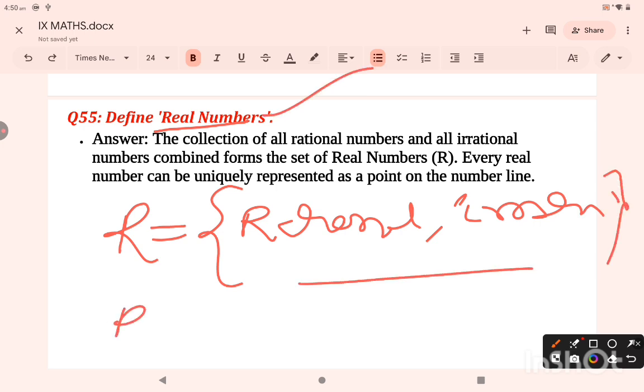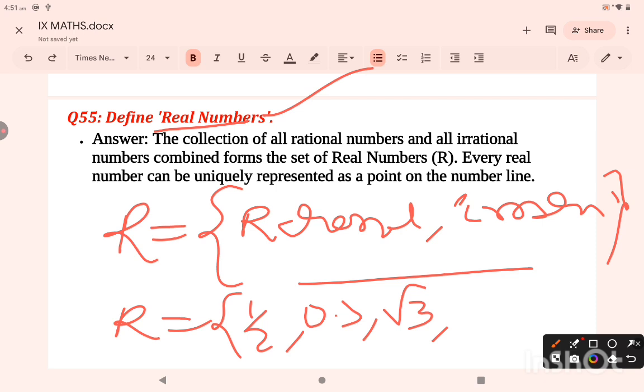So real numbers include both rationals and irrationals. Rationals are in p by q form, irrationals are non-terminating, non-repeating decimals. For example, 1 by 2, 0.3, root 3, root 2, root 5 and so on.